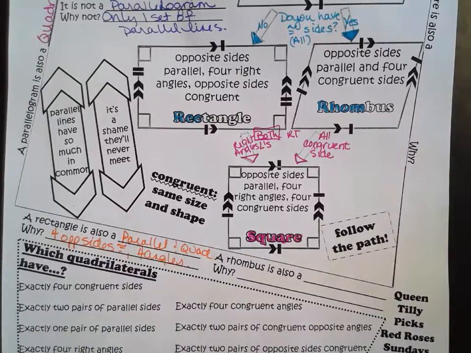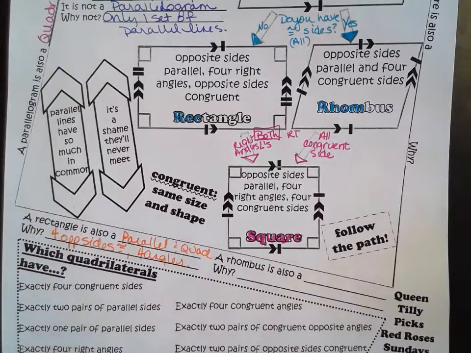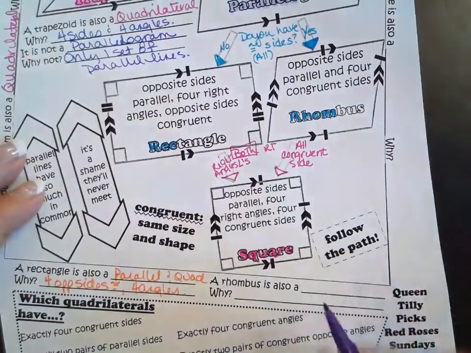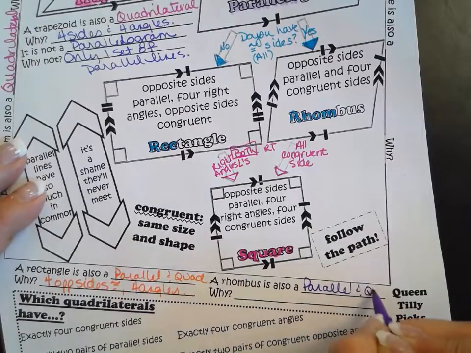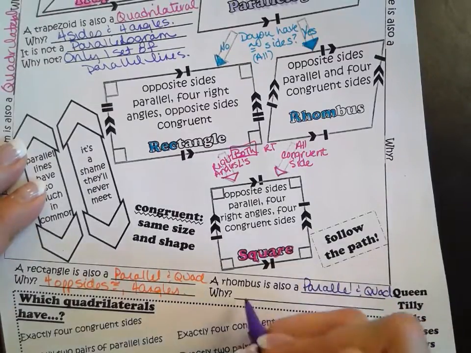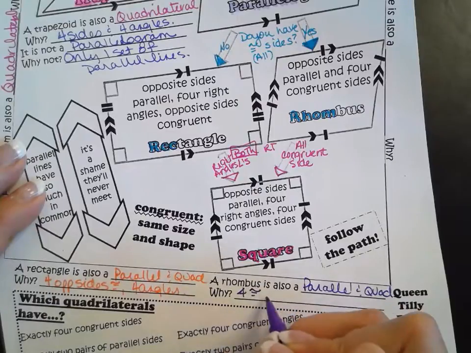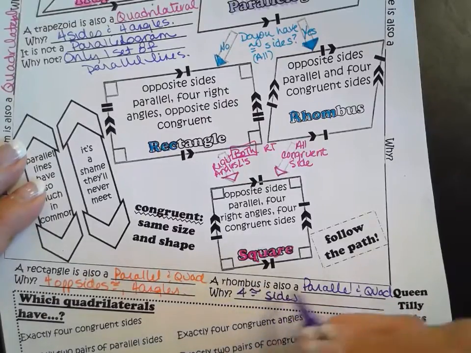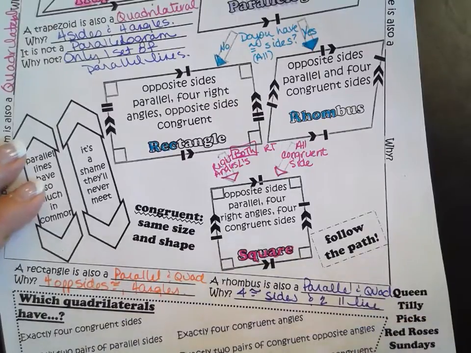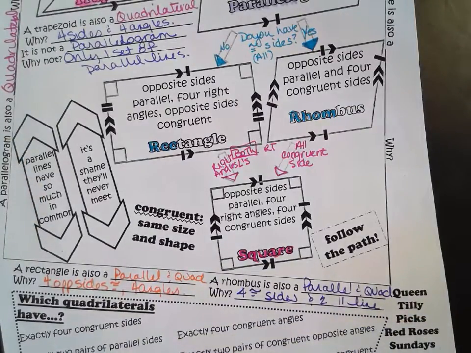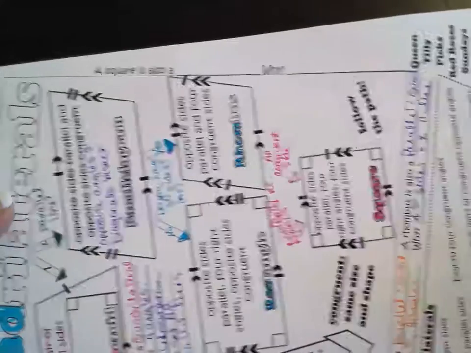So what's the rhombus going to be? Also a parallelogram and quadrilateral. This time because it has four congruent sides and two parallel line sets. What is a square also?